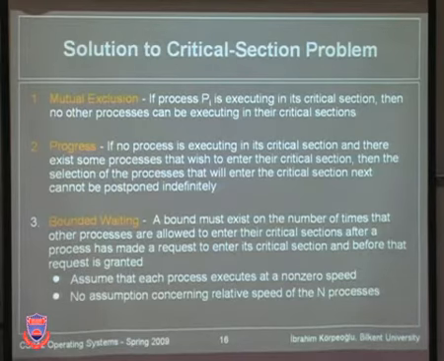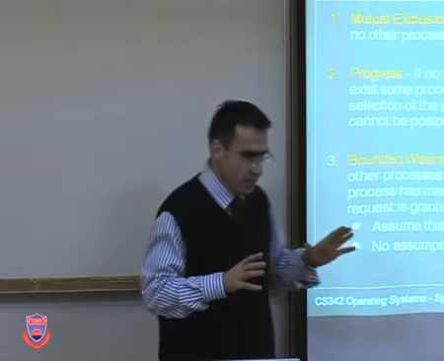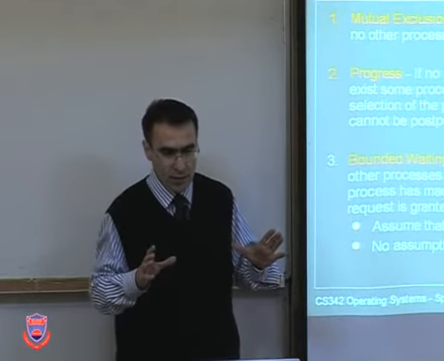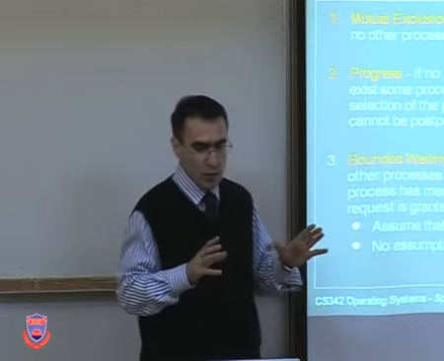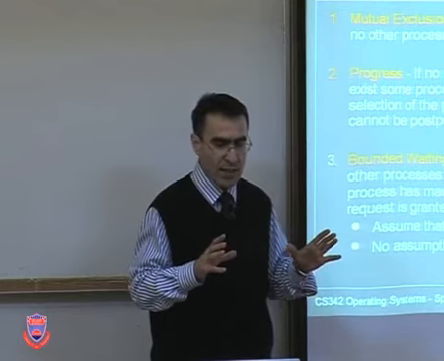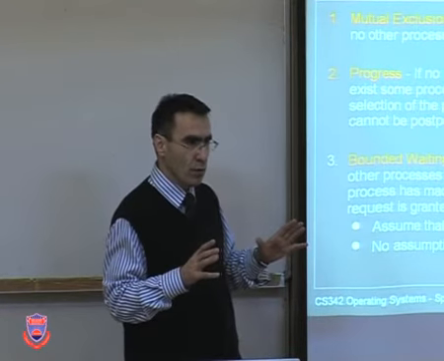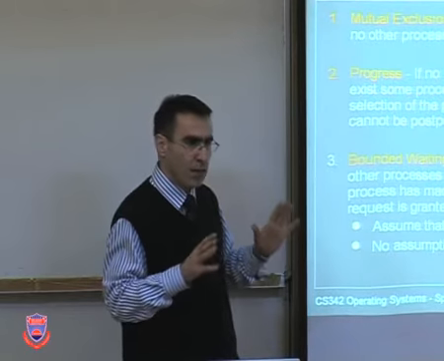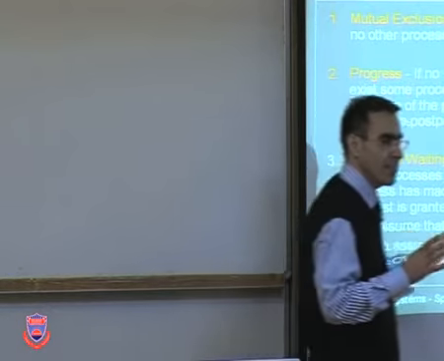Another property is progress, meaning that if there are several processes waiting to enter the critical section, then the selection of the process that will enter the critical section next cannot be postponed indefinitely.